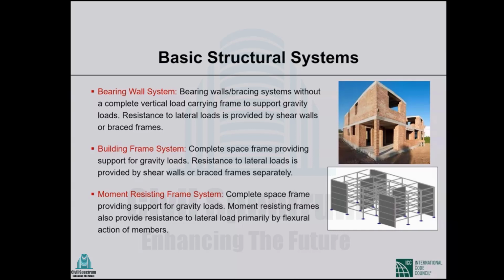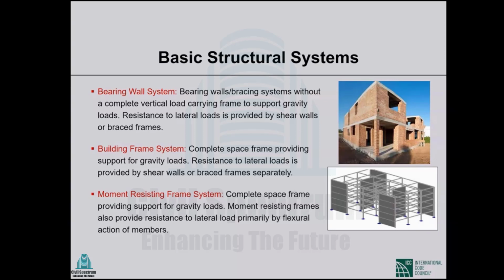The frames, that is beam column frames, carry the gravity load only. The lateral load is completely carried by shear walls or bracings. So the shear walls or bracings are designed to carry the lateral load, and the beam column frames are designed to carry the gravity load. So that kind of system is called building frame system.